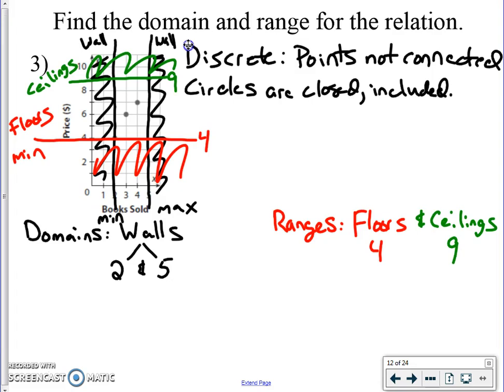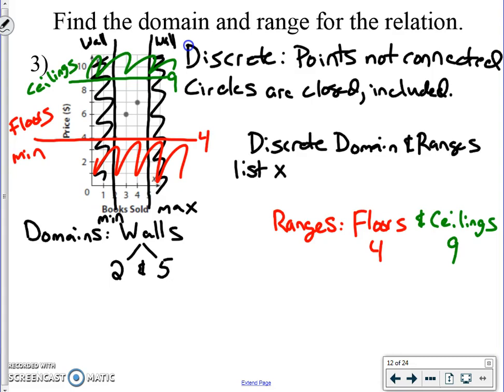If this was continuous, I could write an inequality. But since it's discrete, domain and ranges list x and y values from min and max.